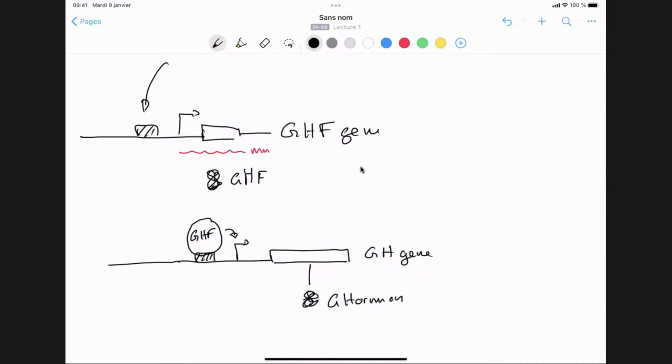Yes, if GH is not expressed, the rats are dwarfed. So what can be the two reasons?